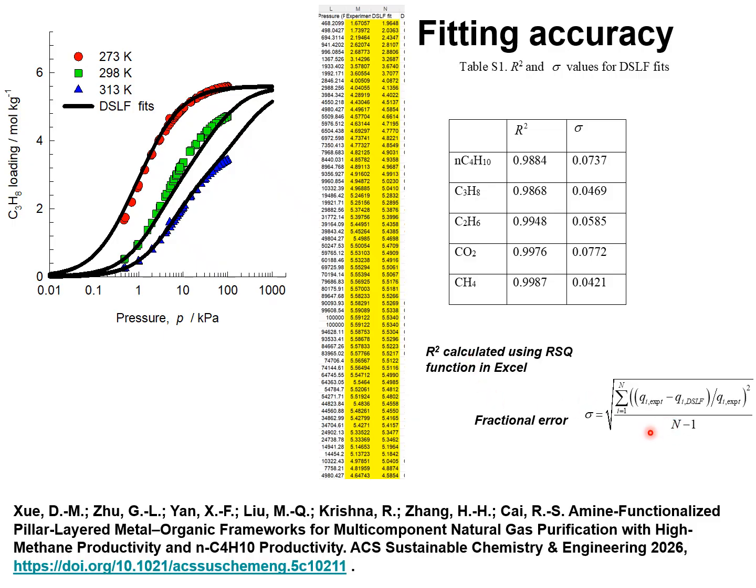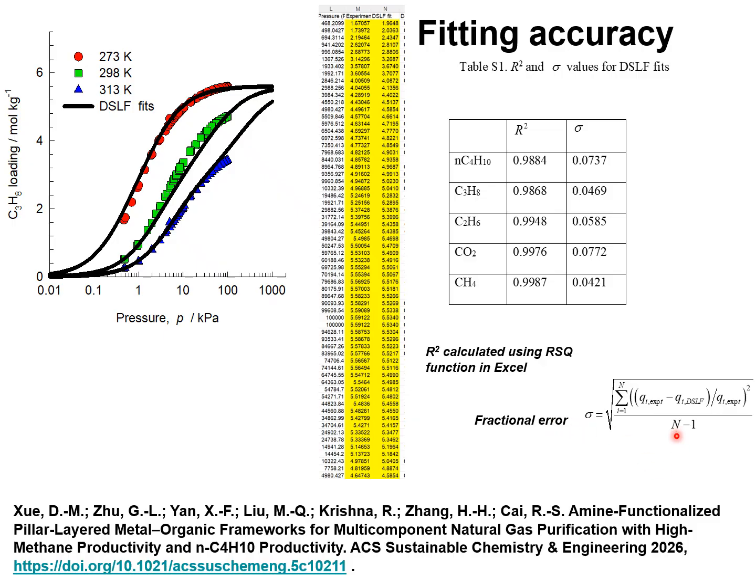In addition, you can determine the fractional error from this formula, where the experimental data points and their deviation from the DSLF fits are analyzed to calculate a value of sigma that represents a fractional error.